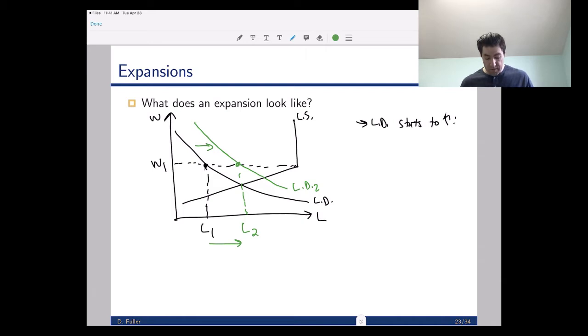And if you look at the decrease in unemployment, so I'm going to call this U2 for the unemployment, the difference between full employment, where unemployment is really only voluntary in that sense, and our current level of employment, L2. And so let me just draw where we started. And this amount here, I'm going to call U1. That was the amount of unemployment we started with. And because of the increase in labor demand, the unemployment has gone down.